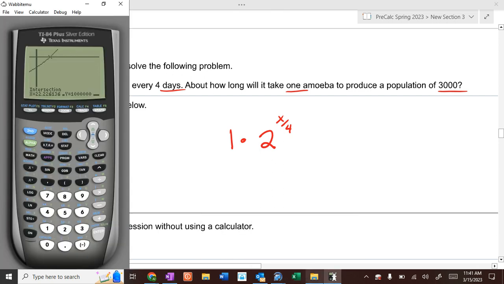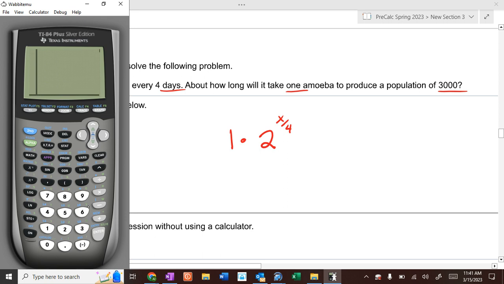All right. So we want to see where that equals 3,000. So y equals, we'll put 3,000 in here. And then here, we'll put in 1 times 2 raised to the x over 4 power.